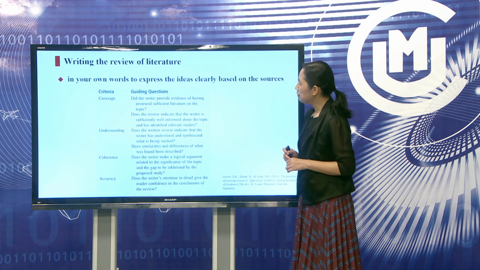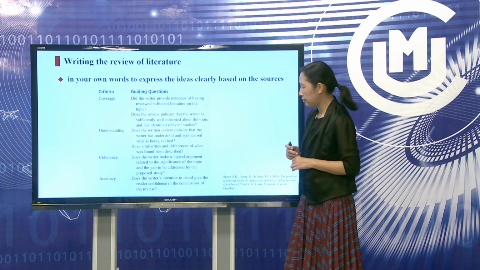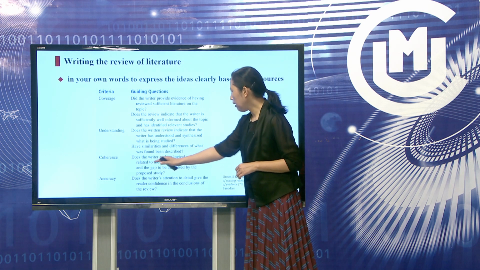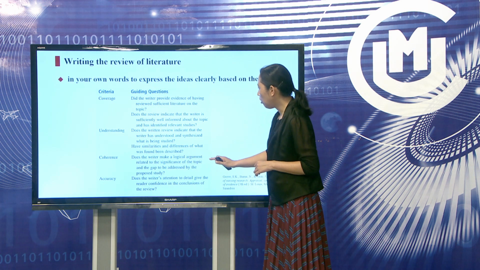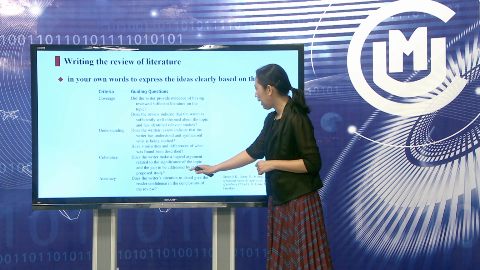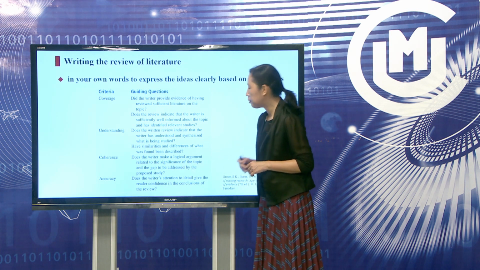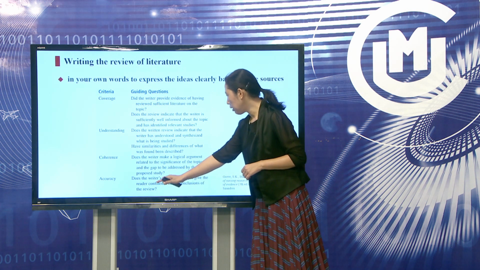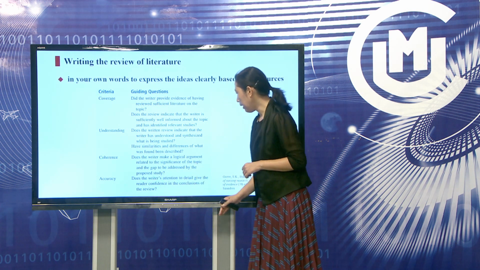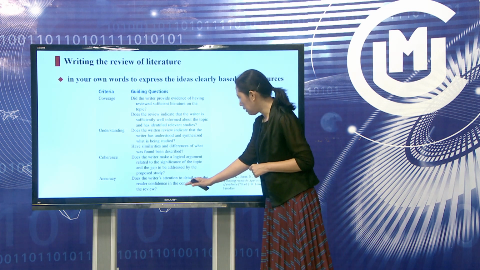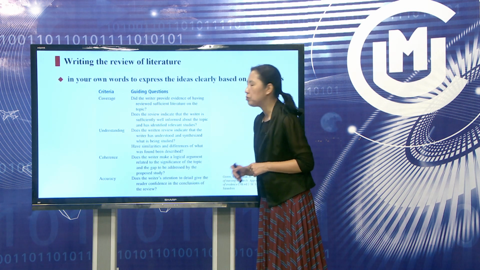And also you need to critique the coherence. You need to ask questions such as, does the writer make a logical argument related to the significance of the topic and the gap to be addressed by the purpose of the study? Or the accuracy of the literature review: does the writer's attention to detail give the reader confidence in the conclusions of the review?